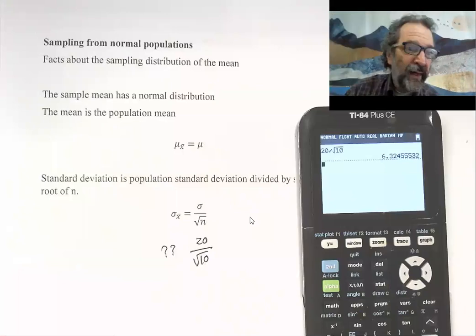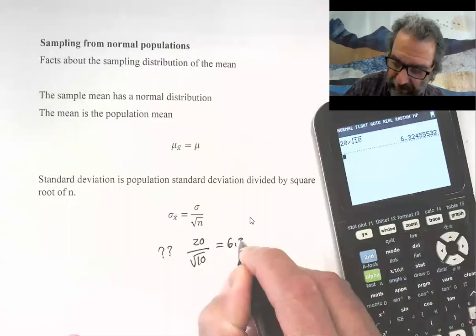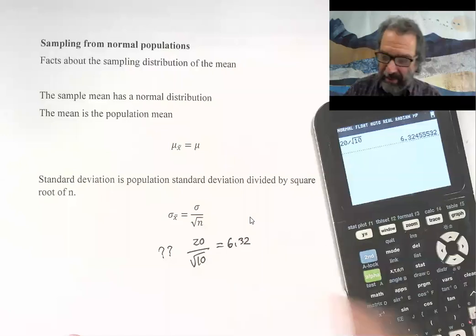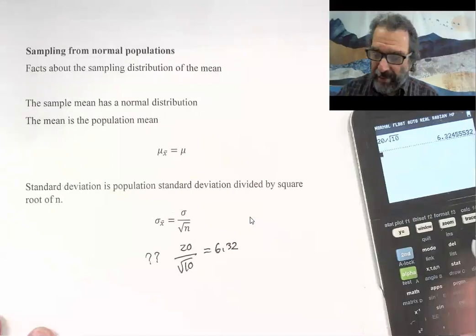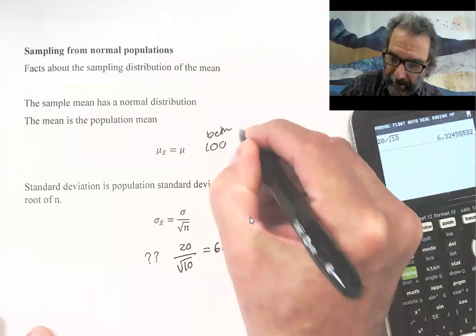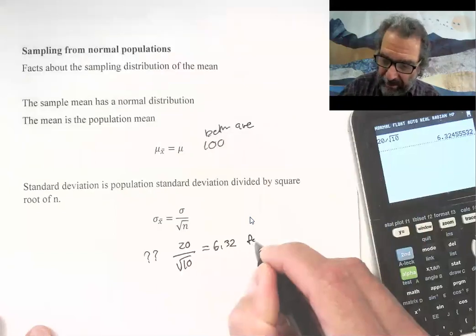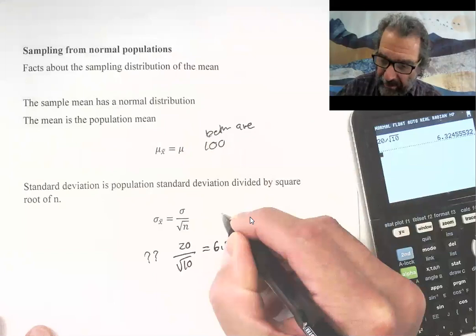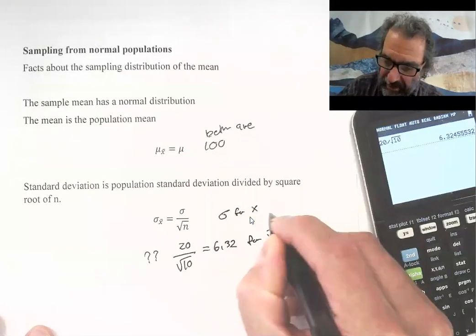Oh, look at that, 6.32. Amazing how things work out in advance. I hadn't checked this. So the mean is 100 for both, and sigma for x bar is 6.32, while sigma for x was about 20.